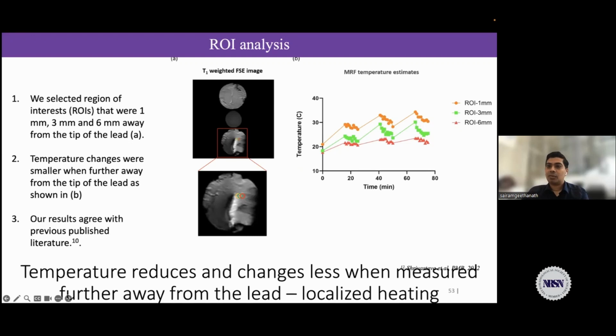So as you go 6 mm away, it's more or less constant. But when you look at 1 mm away, which is the closest that we can get, you see an increase in the temperature around the lead, which we caused due to radio frequency heating because of playing a turbo spin echo sequence.